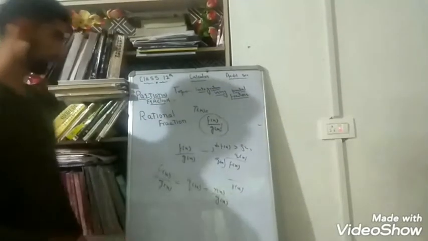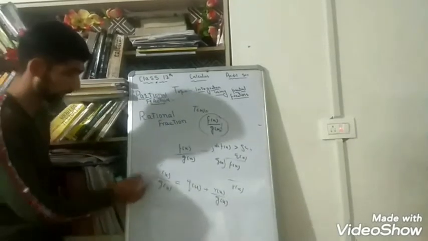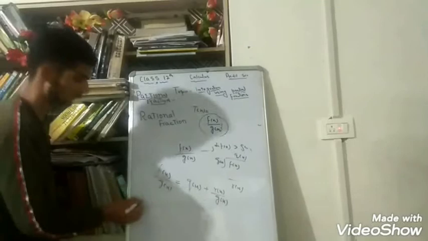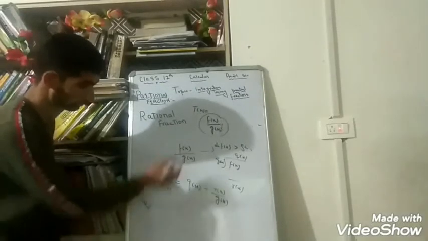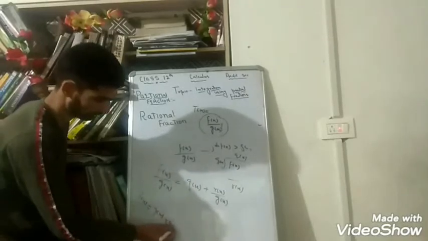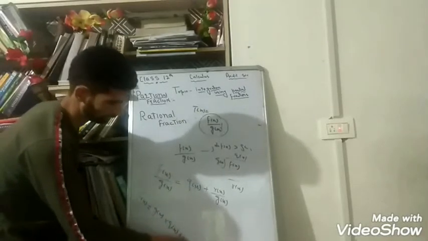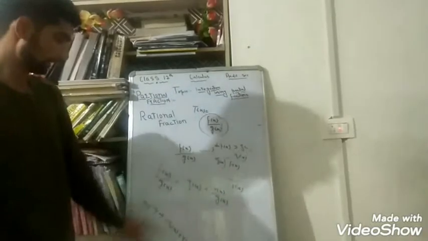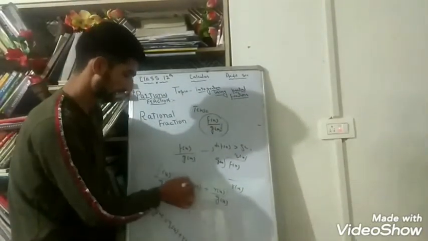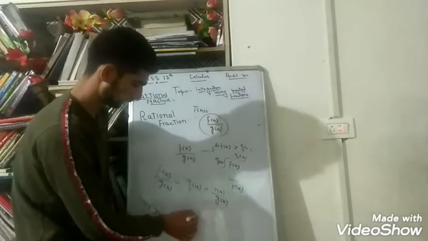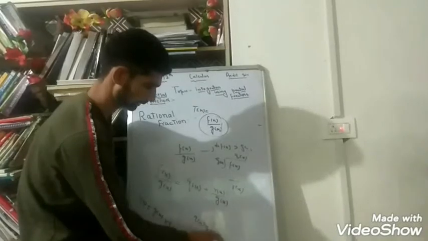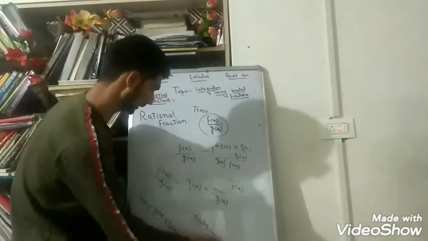Because we know that when we divide f(x) by g(x), by Euclid's division, f(x) is equal to g(x) into q(x) plus r(x). So this is the same as that, because g(x) will get multiplied by this, so it will be q(x) into g(x) plus r(x), divided by g(x).